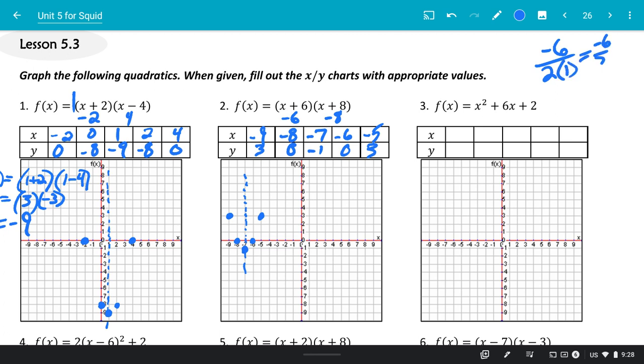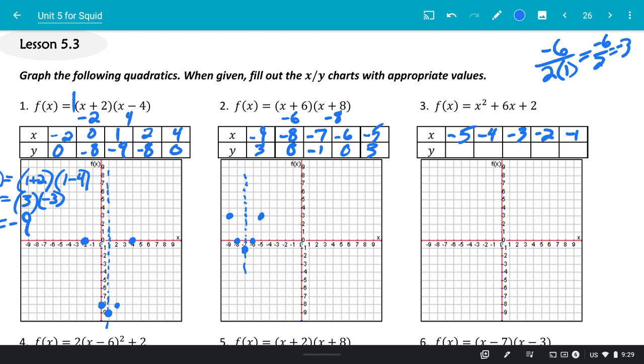That's negative 6 over 2, which is negative 3. Negative 3 is my starting point. It's where my vertex is going to be. Okay? Now the next 2 points I'm going to use are going to be negative 2, negative 1, negative 4, and negative 5. Do I understand how I chose those points?